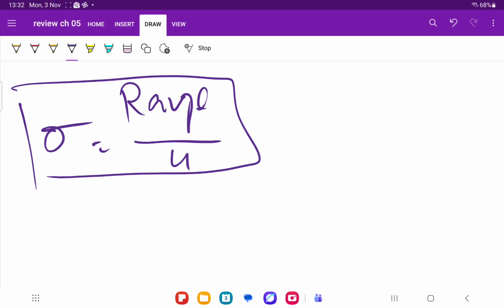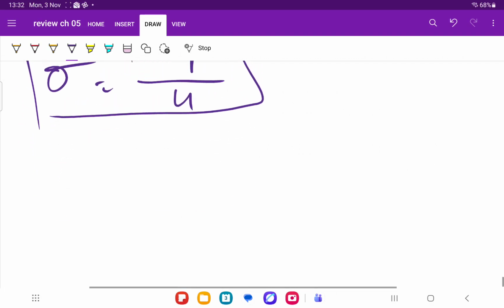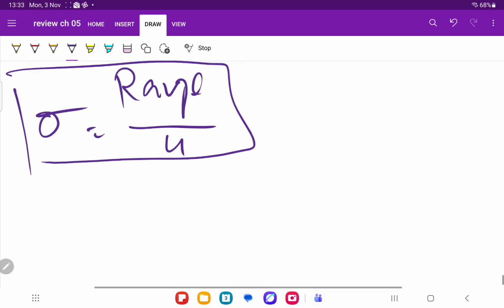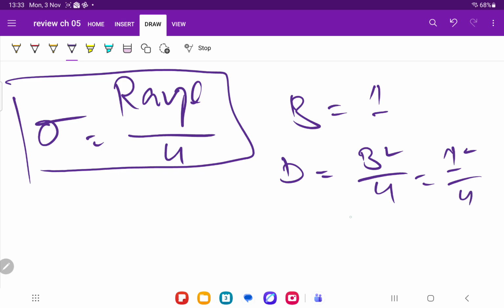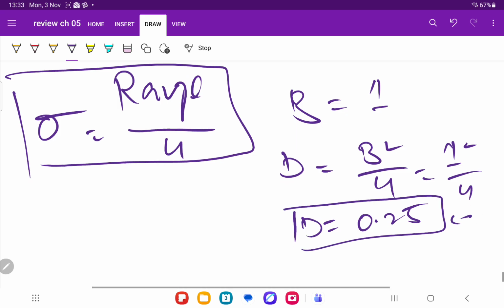So which formula should I use? B is given as 1, so D should be calculated as B square over 4. So 1 square over 4, which is 0.25. That is the D we have calculated.